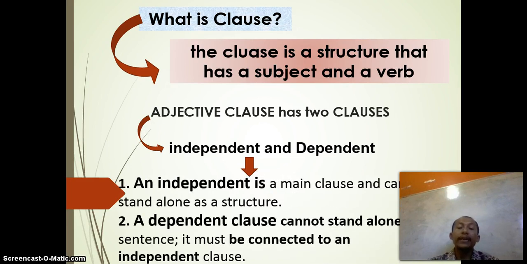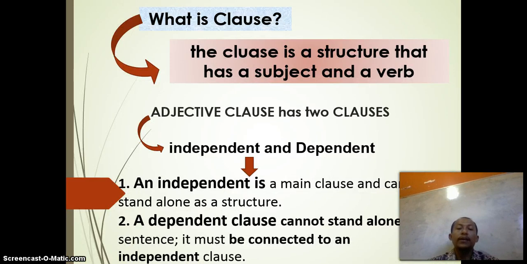An independent clause is a main clause, and it can stand alone as a structure, but a dependent clause cannot stand alone as a sentence. It must be connected to an independent clause.